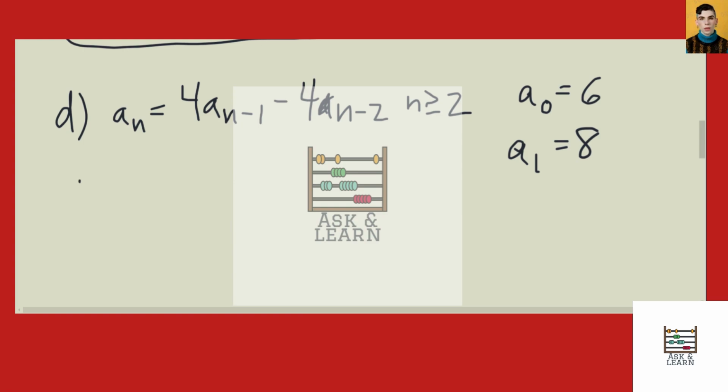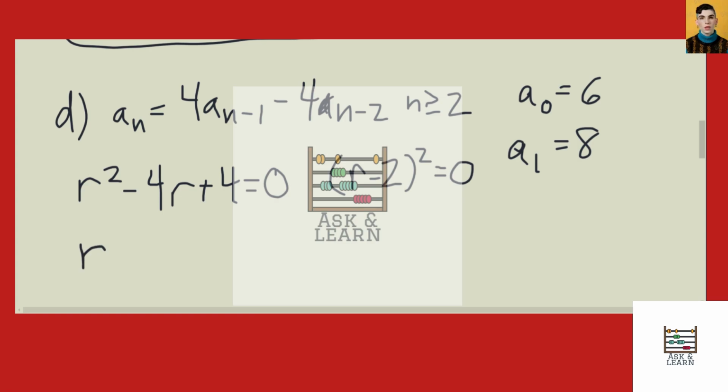The characteristic equation is r^2 - 4r + 4 = 0, which can be factored as (r - 2)^2 = 0. And so the characteristic roots are r equals 2 with a multiplicity of 2.